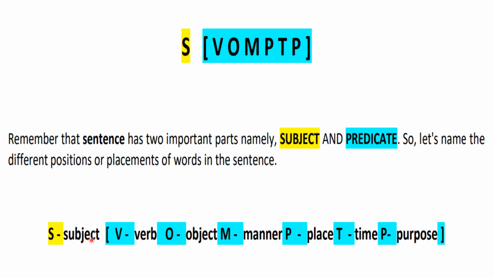Take note, the subject must come first. When you speak and write, speak first the subject, then the verb, then the object, manner, then the place, the time, and the purpose.